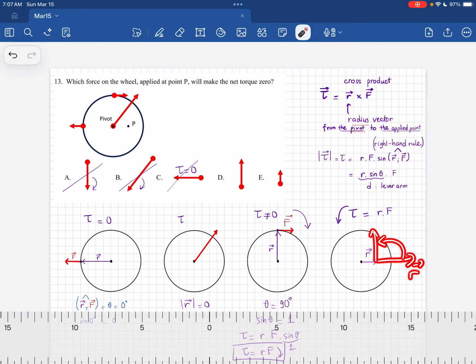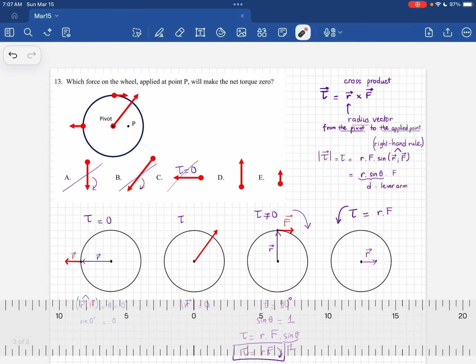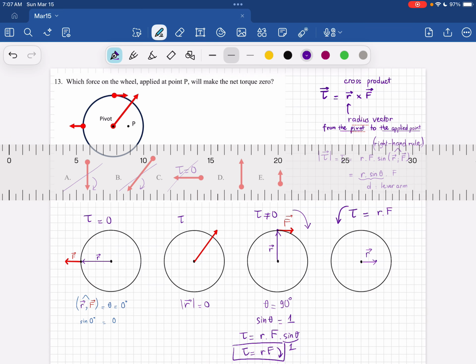This is the R vector, this is the F vector, this is the 90 degrees. Yes, so now we see this should be the good direction. And we have the angle of 90, right? And sine of 90 is 1. So then the torque in this way is R times F times sine theta, which is 1 here.